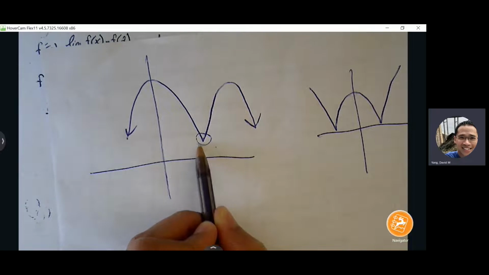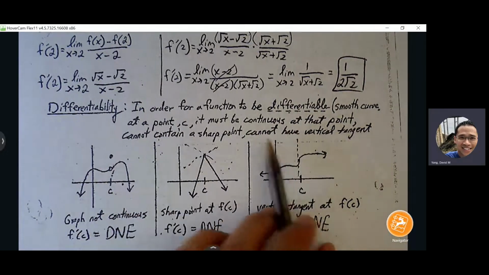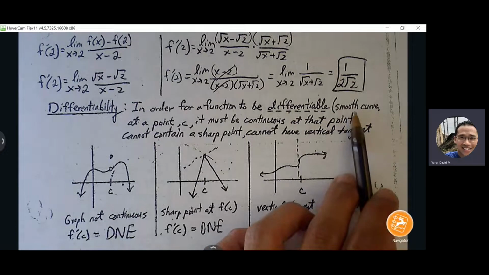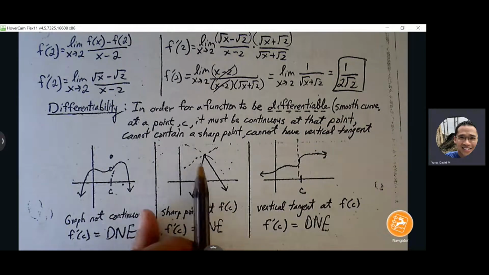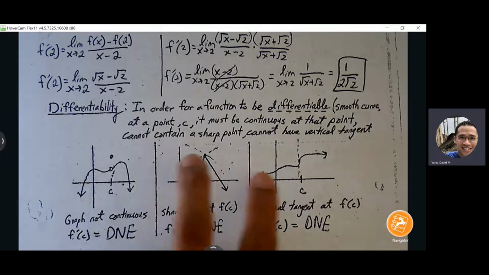So here we say that this function is not differentiable because I'm not able to find the slope at a point.